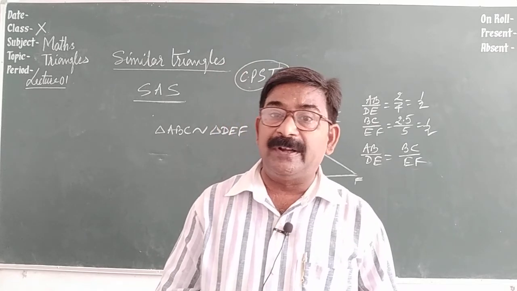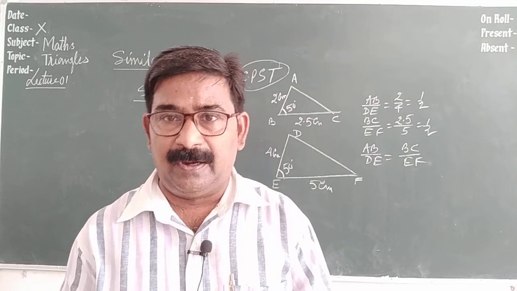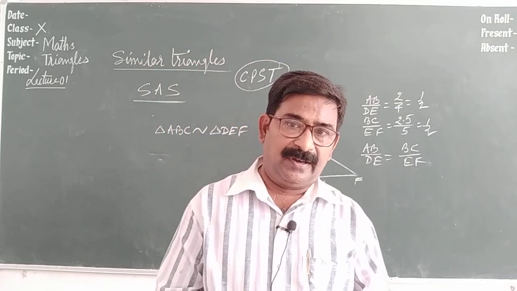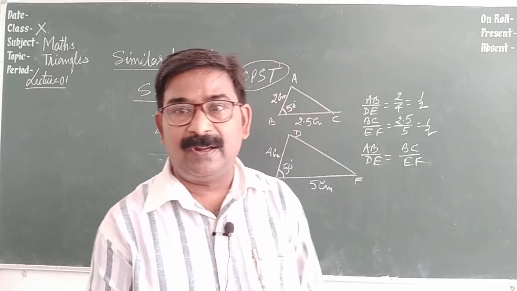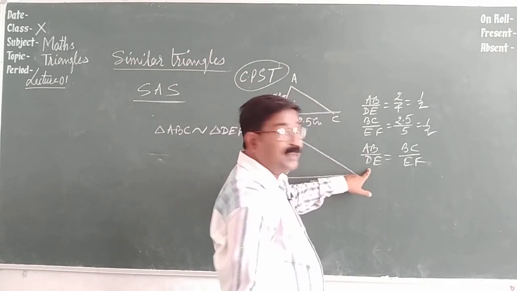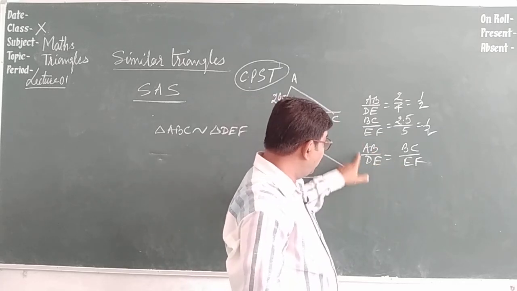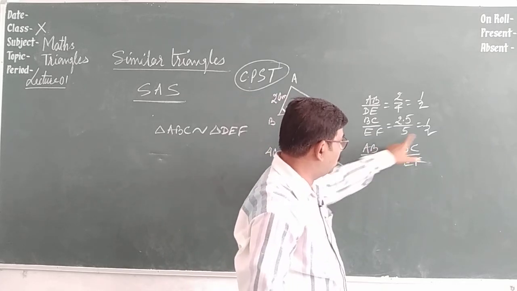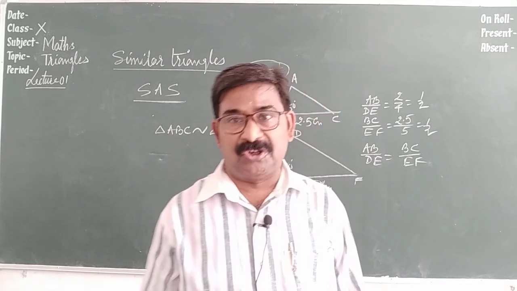When two quantities are compared, it is called ratio. But when two ratios are compared, it is called proportion. See here, AB upon DE is a ratio, BC upon EF is a ratio. So we are comparing these two ratios. This is called what? Proportion.